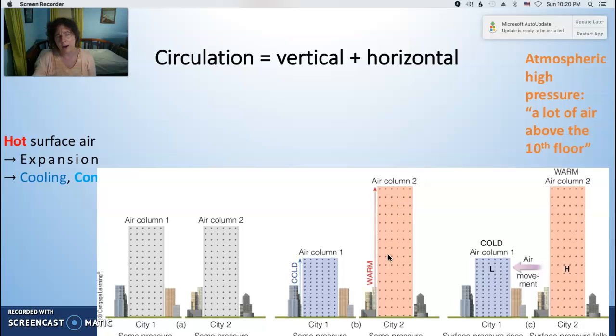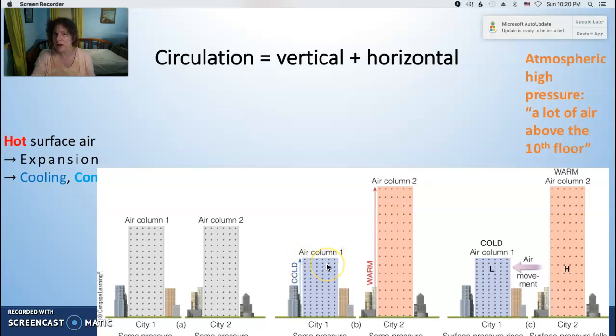And when we go up there in the warm skyscraper, we realize that above the 10th floor, there's quite a bit of our parcel of air above us. There's higher pressure of air above us than if we were on the 10th floor of the little squat cold skyscraper, where there would be very little pressure above us.